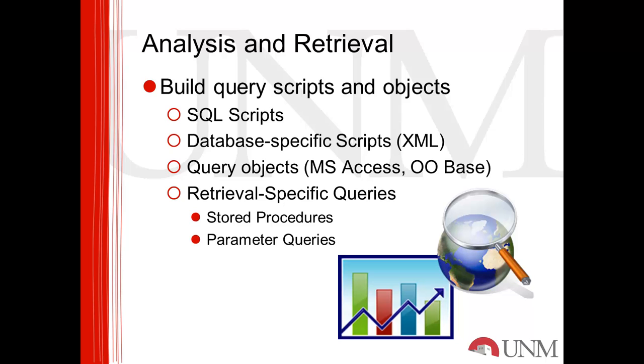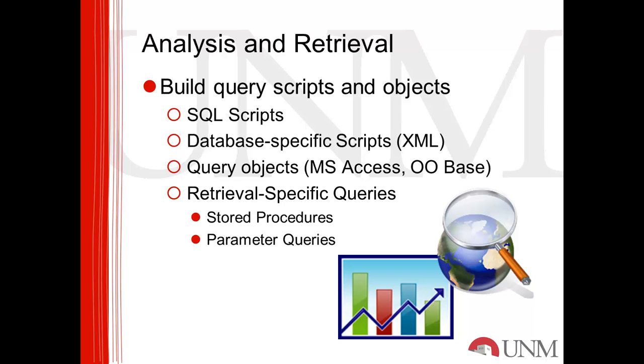Desktop databases such as Microsoft Access or the OpenOffice database allow you to create data query objects, and in fact a number of different types of database applications or spreadsheet applications do provide the means for creating and saving canned or reusable queries.